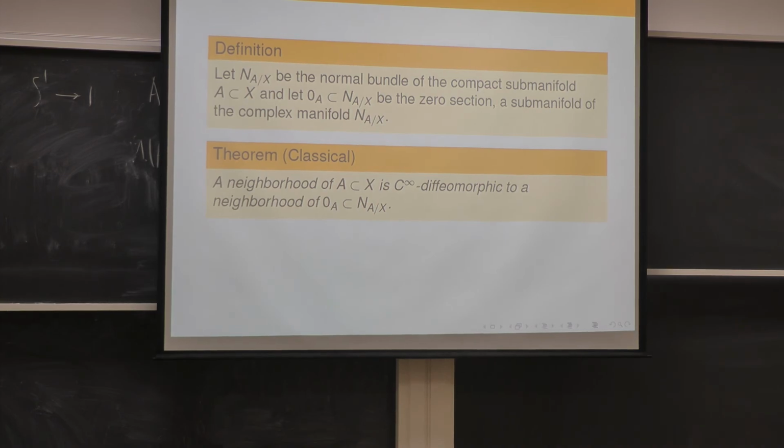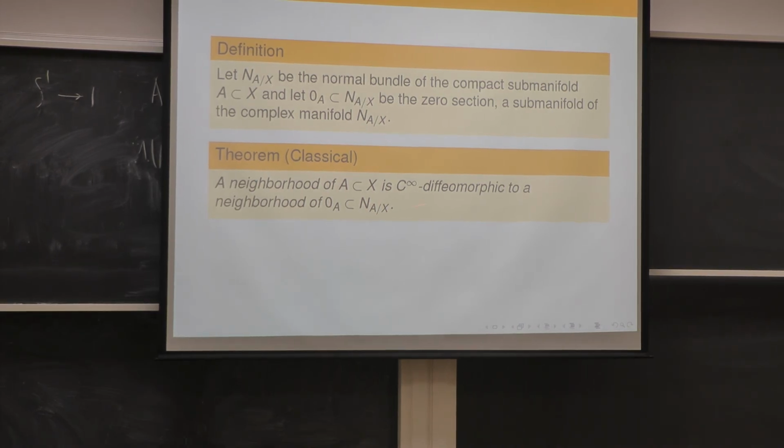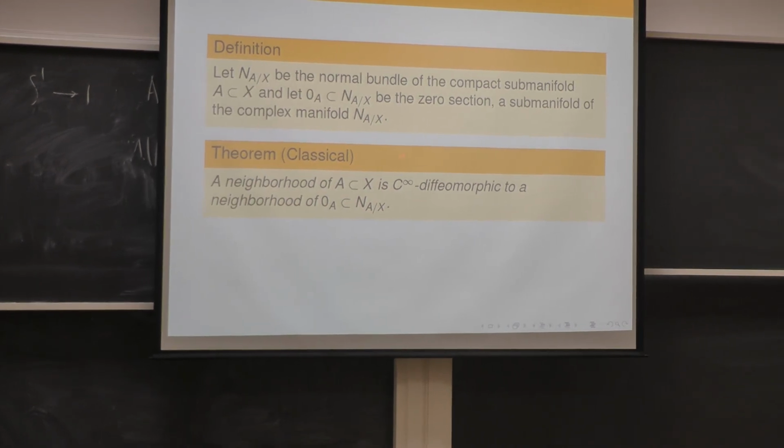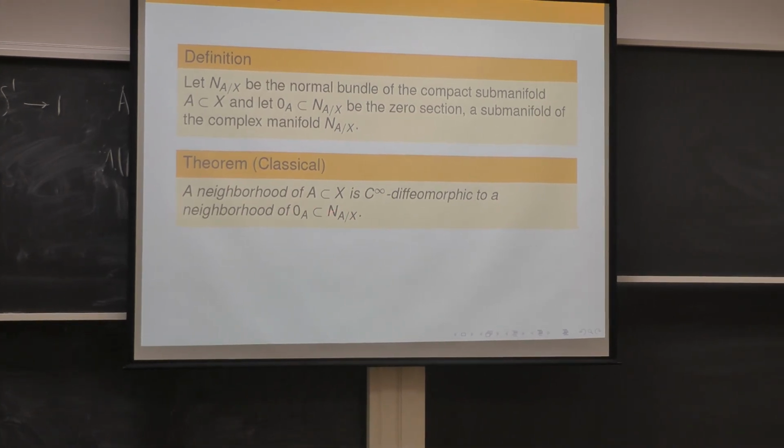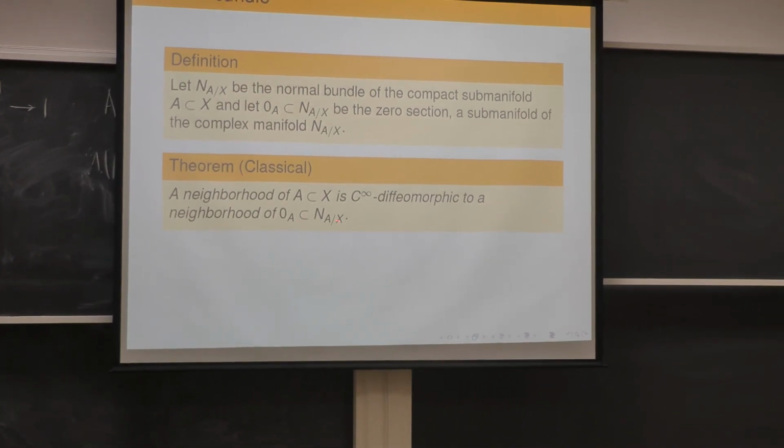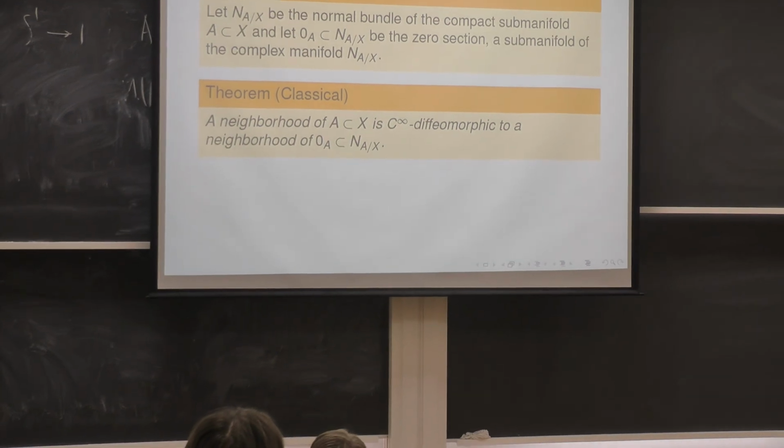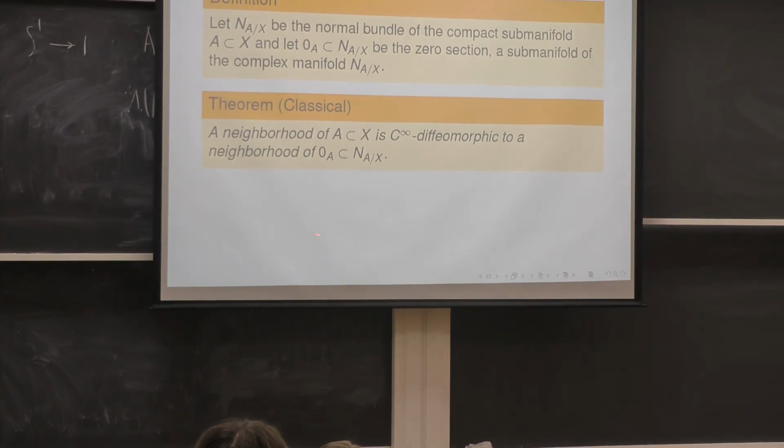So in differential topology, the problem is completely determined by the normal bundle: if the normal bundles are isomorphic, then you can say that there's a diffeomorphism of some Euclidean neighborhoods.